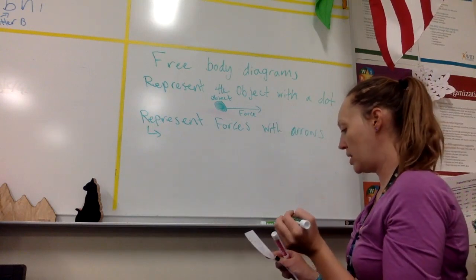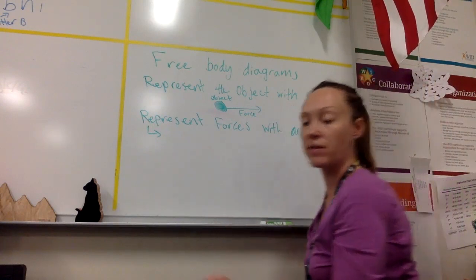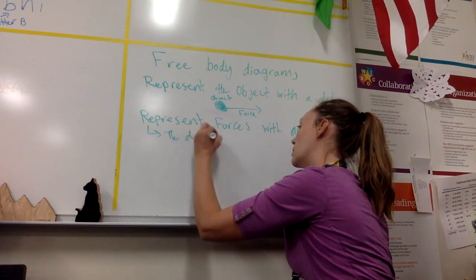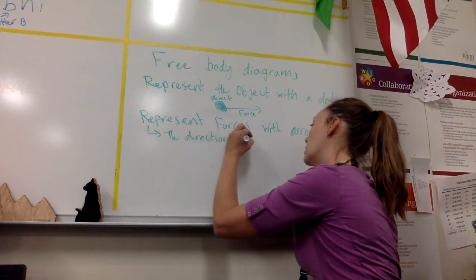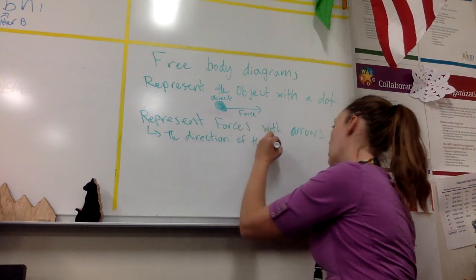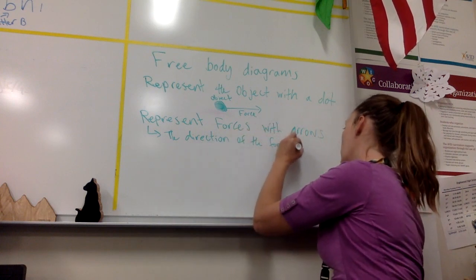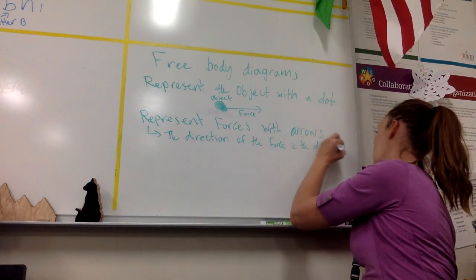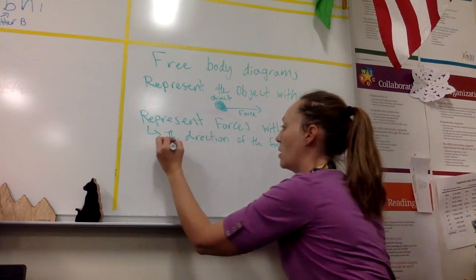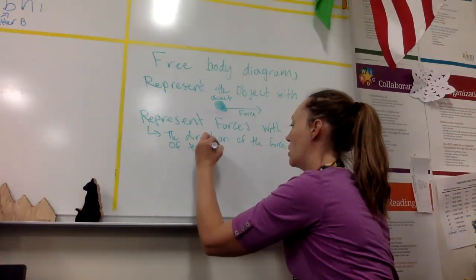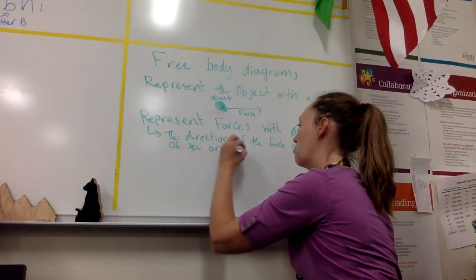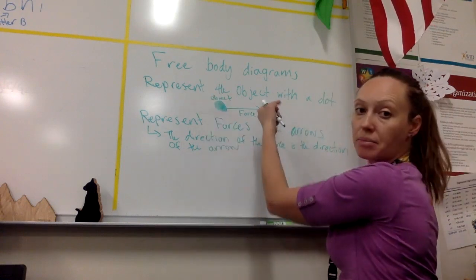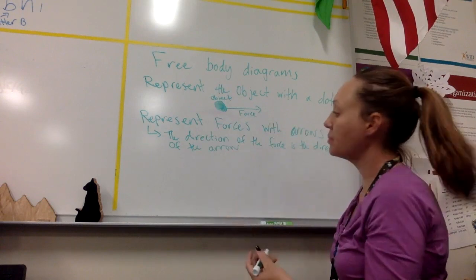The first rule is the direction of the force is the direction of the arrow. So clearly there is a force to the right on that object.